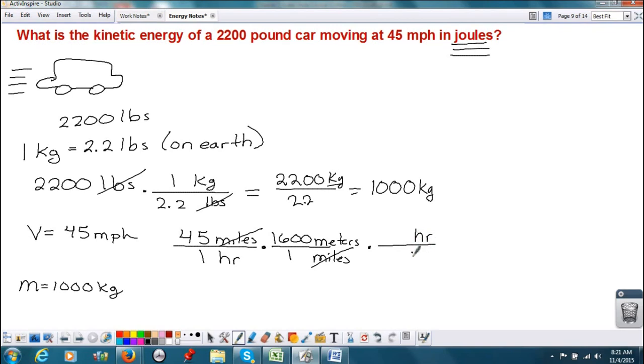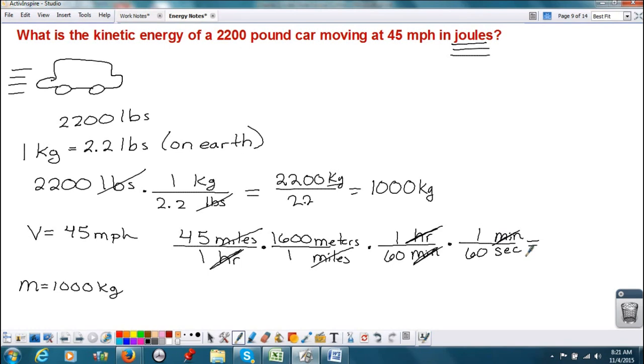I know there are 60 minutes in 1 hour. Great, got rid of the hours, but now I have minutes. Need to get rid of the minutes. Minutes is in the denominator, so I'll put it in the numerator in order to cancel it. And I know that there are 60 seconds in 1 minute. Minutes canceled, left with seconds in the denominator.